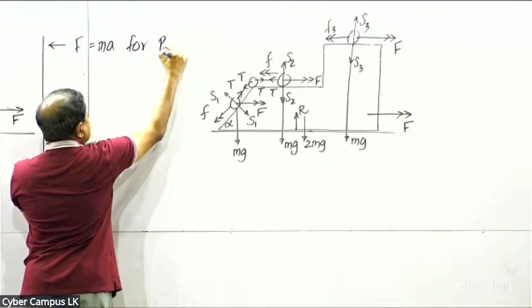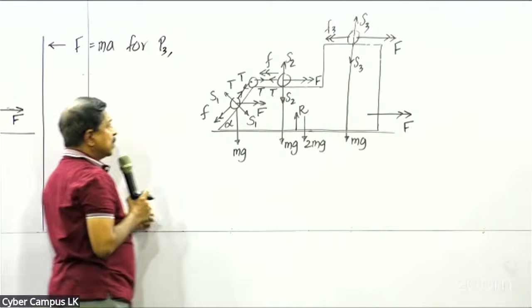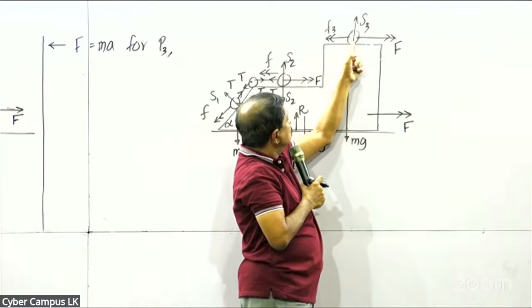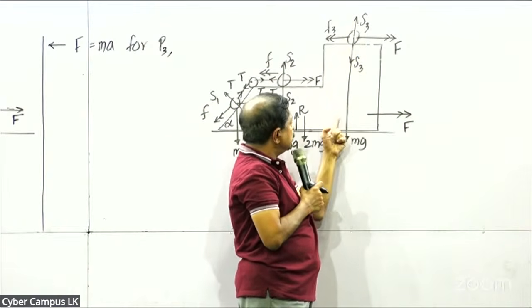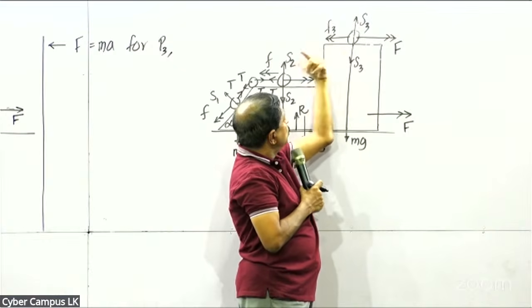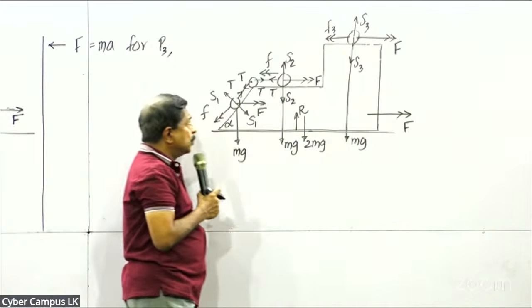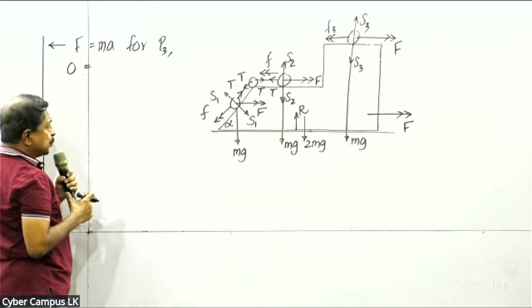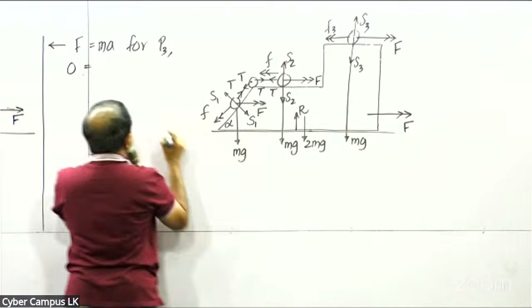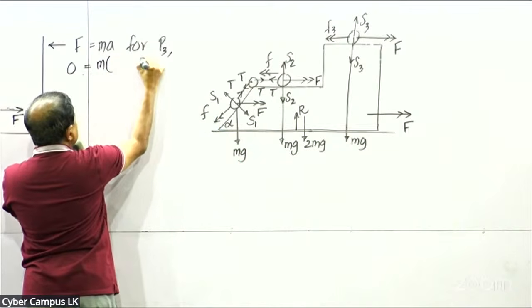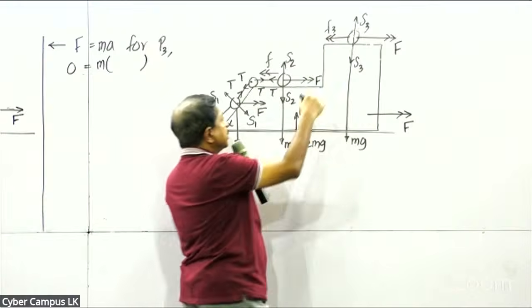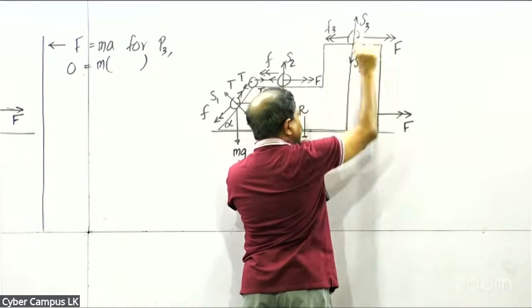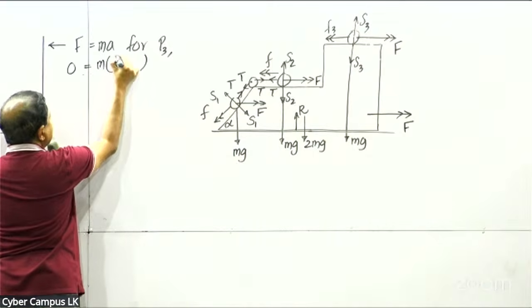For P3, what are the forces? There's no force, because one is the reaction, the other is the weight. So net force is 0. The mass is m times the acceleration. What is the acceleration? This is F3 because we are applying it in this way. There's another component which is capital F.